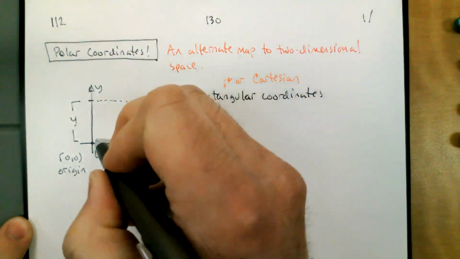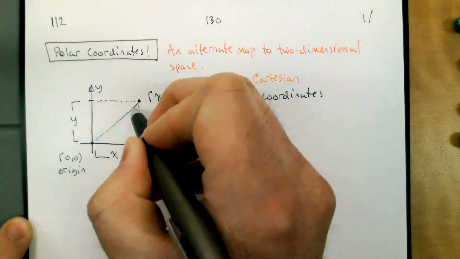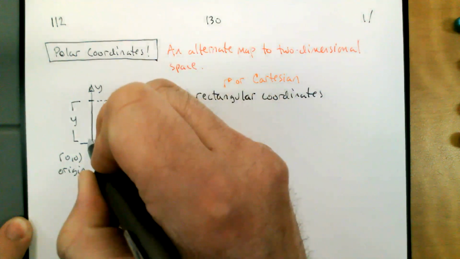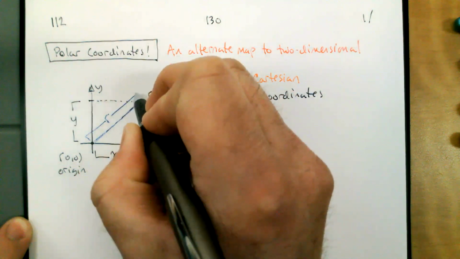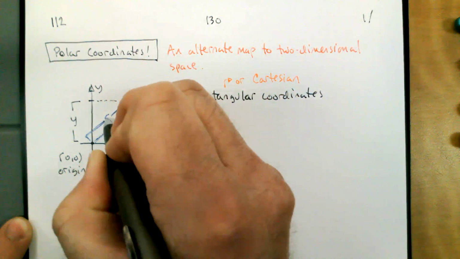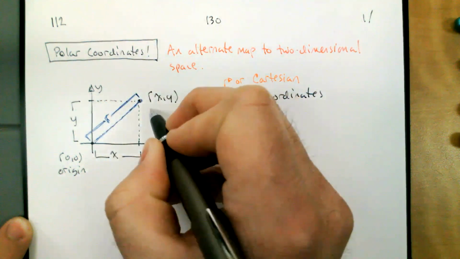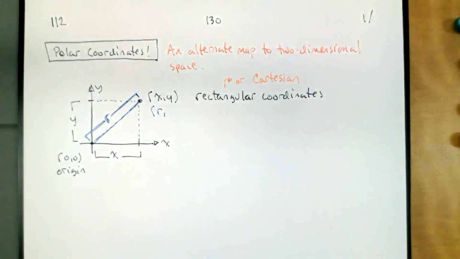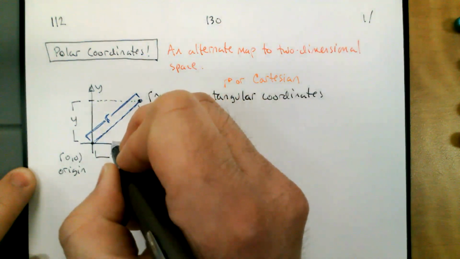Polar coordinates say how far that point is from the origin. And then we say if we make that side from the origin to that point the terminal side of an angle, where the initial side is the positive x-axis, how far do we have to turn?